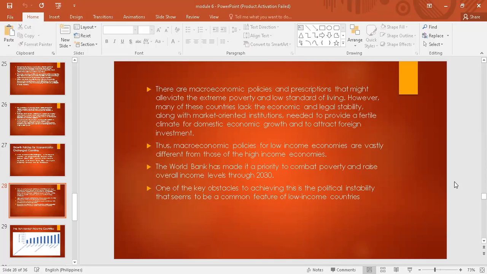Their market-oriented institutions, okay, their climate, probably the country itself is not attractive to foreign investment. For example, in comparison with the Philippines, we have attracted a lot of international investment or FDI, foreign direct investment, because our country has many resources.